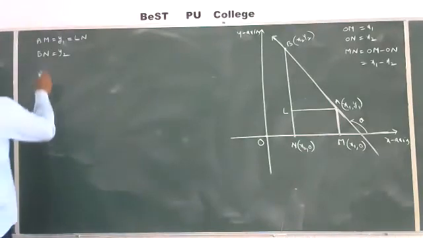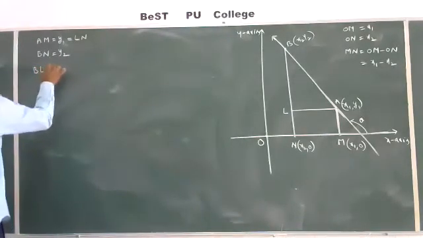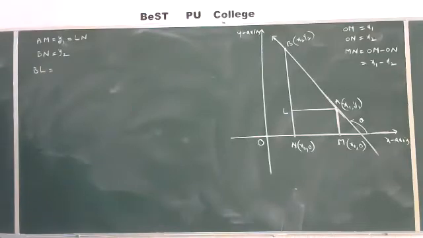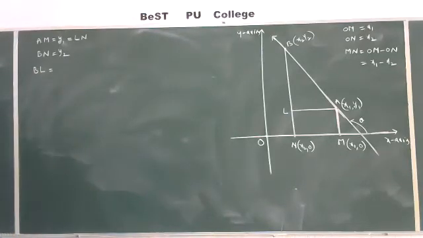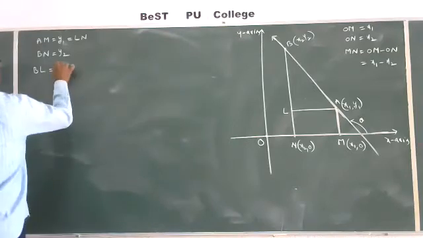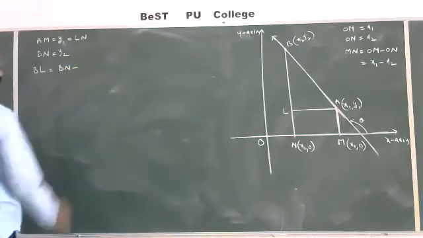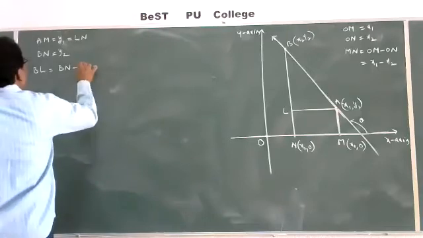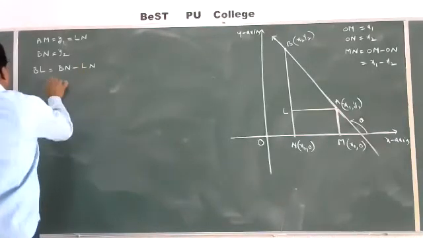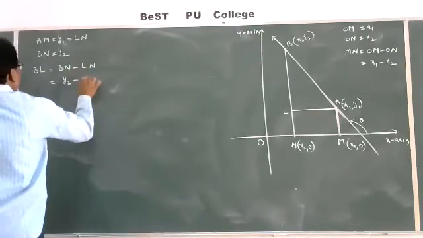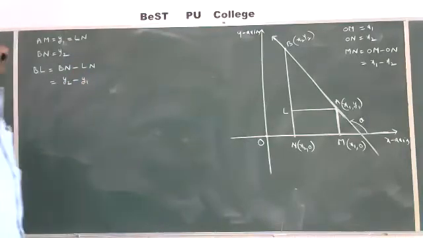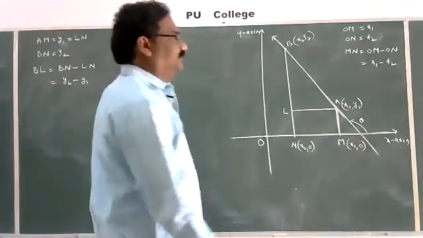So we require BL. BL is equal to BN minus LN. BN is y2, LN is y1. That is, BL length is y2 minus y1.